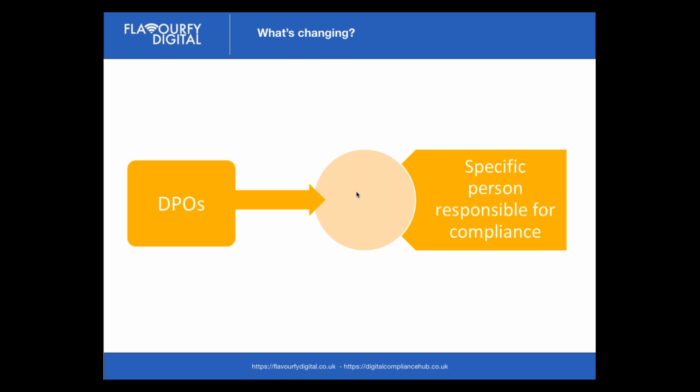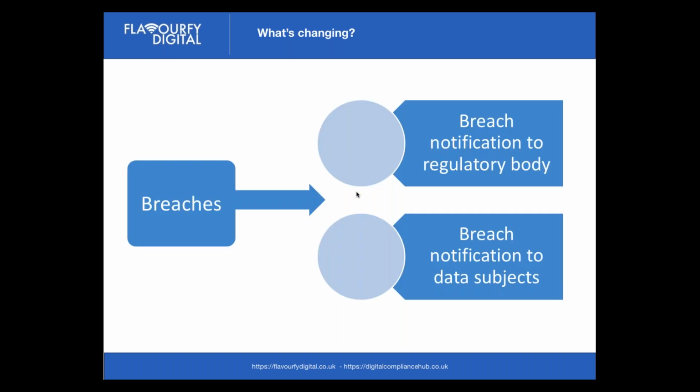The problem, as I say, is those three key parts to that requirement, because core activity, regular and systematic monitoring, and large scale aren't defined in the regulation. But you need to look and see whether your business falls within it, based on the guidance that's available and interpretation of the regulation, and whether you have a requirement to have a data protection officer mandated within the business.